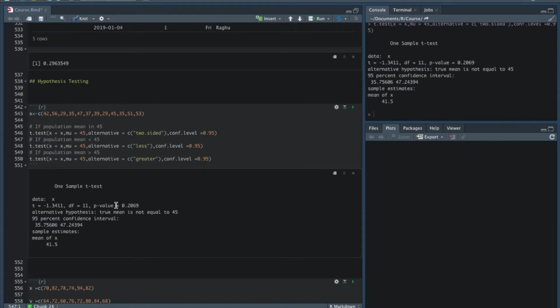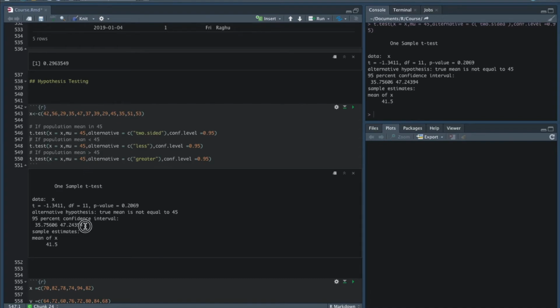Let me repeat, as long as the p-value is not less than or equal to 0.05, you will not reject the null hypothesis. And since in this case it is 0.2, which is much larger than 0.05, we will not reject the null hypothesis. And the null hypothesis was that the population mean is 45.